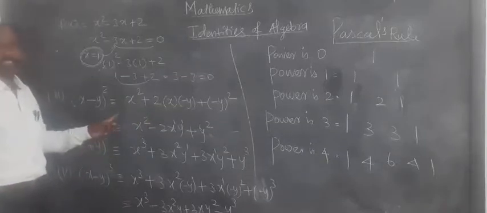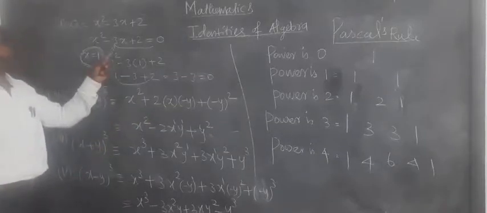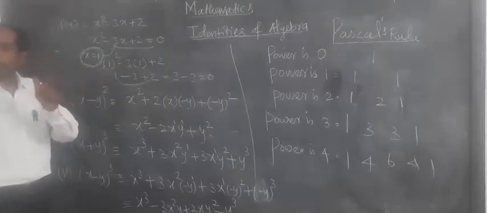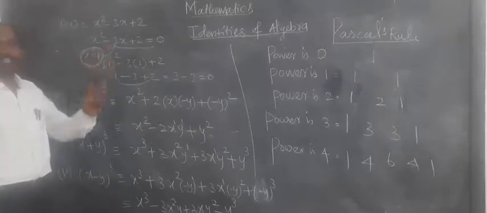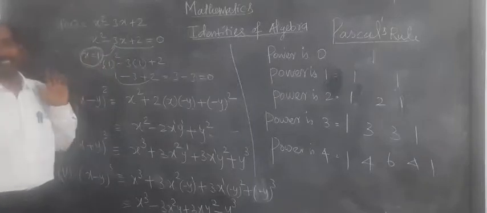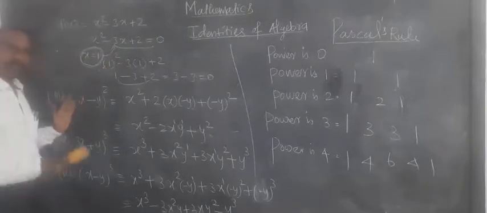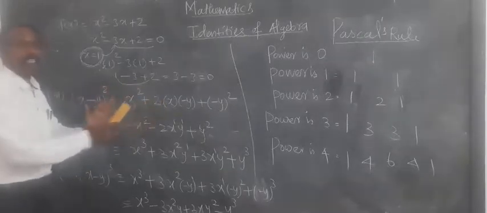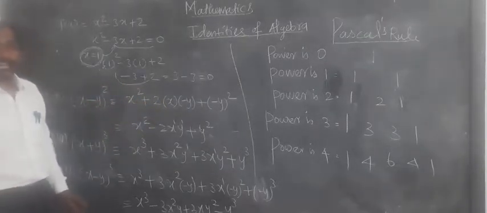This is the identity. In an equation, when you substitute the proper root you get 0, but here, whatever you substitute in the left hand side and right hand side, you get the same value. This is the identity.